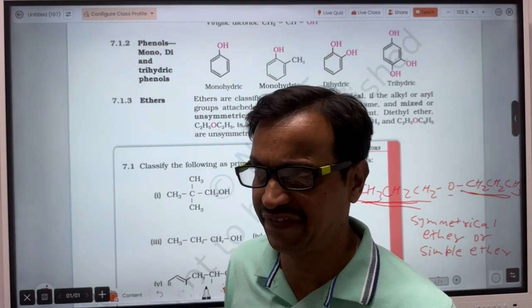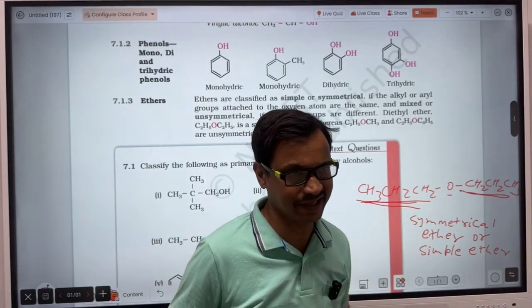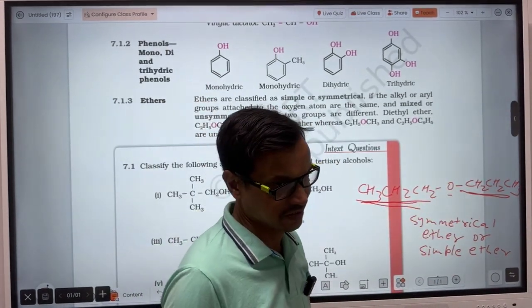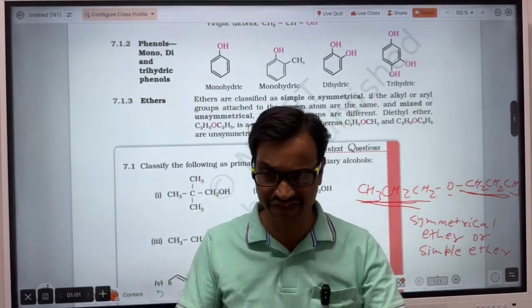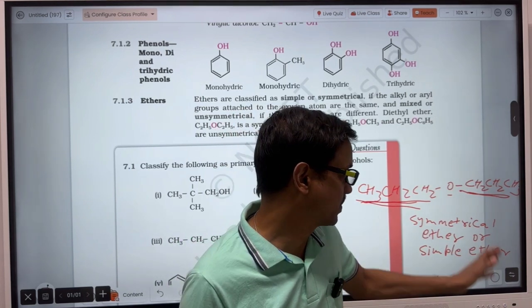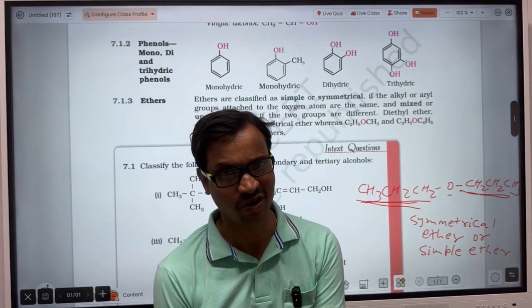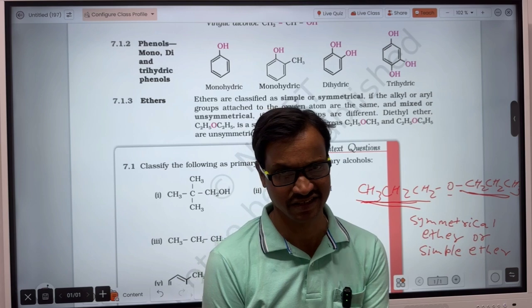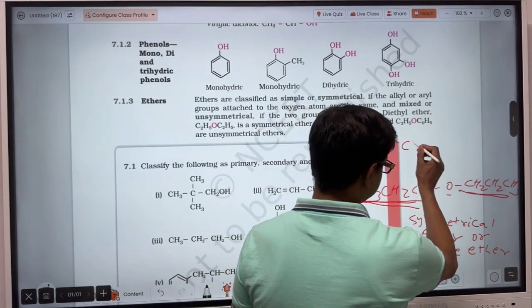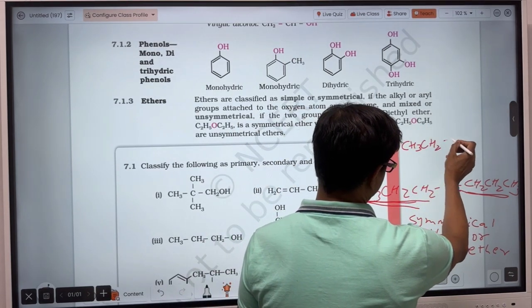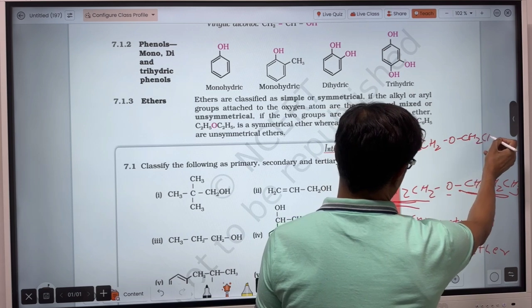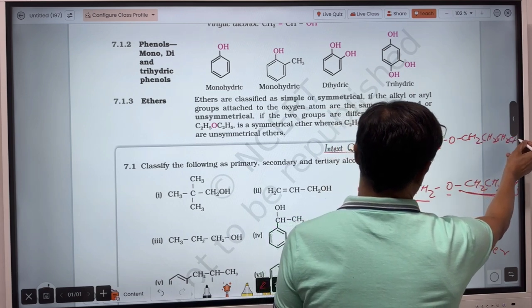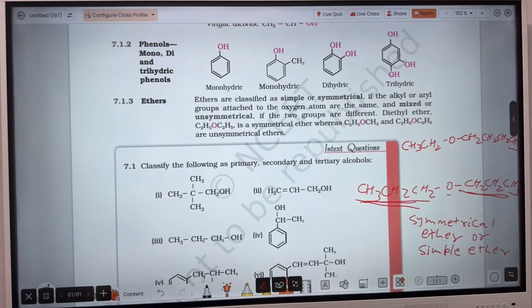But if the lengths of the carbon chains bonded to the oxygen are different, then that will be called mixed ether or unsymmetrical ether. Like in this compound, in this ether, one side there is ethyl and the other side is butyl.